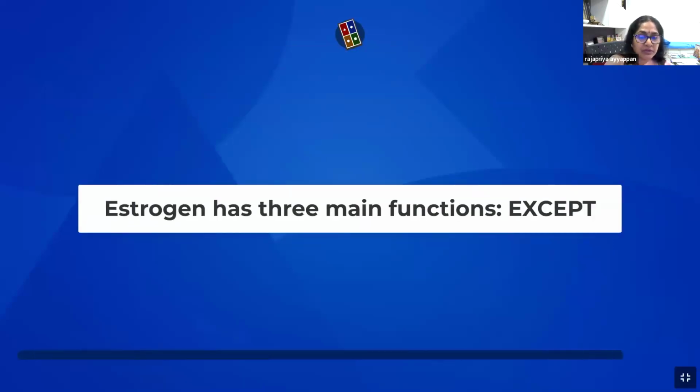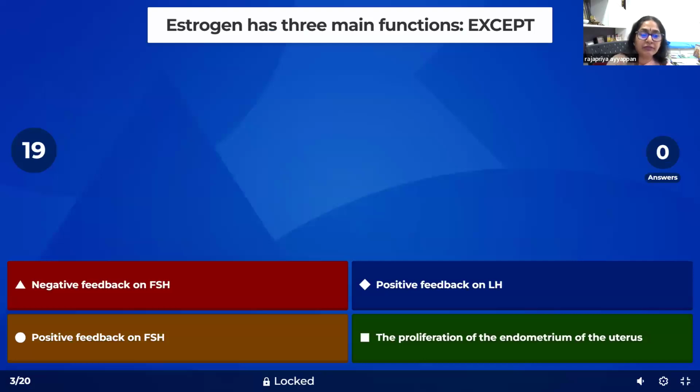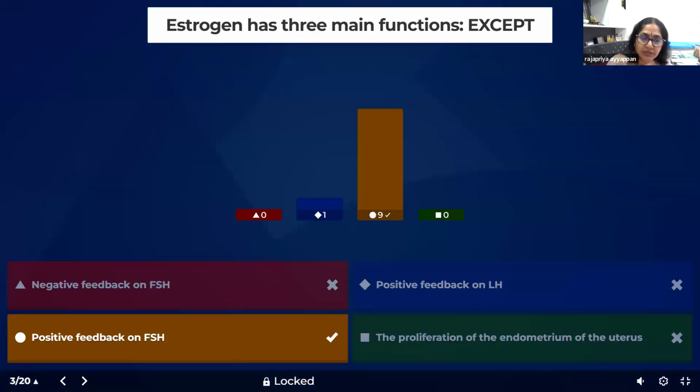Estrogen has three main functions except: negative feedback on FSH, positive feedback on FSH, positive feedback on LH, proliferation of the endometrium. Positive feedback on LH is the answer.